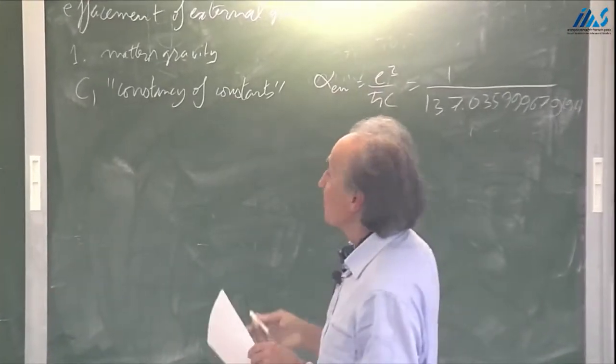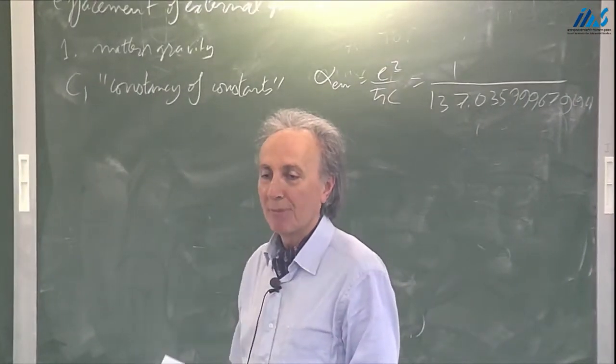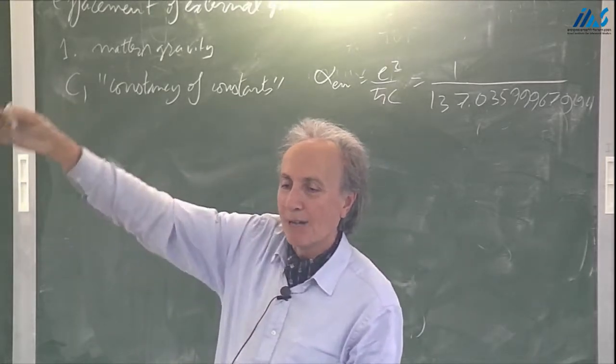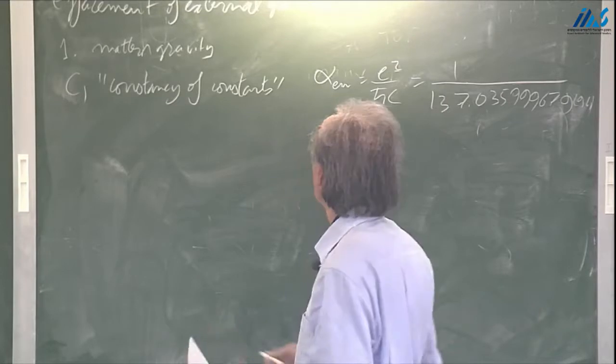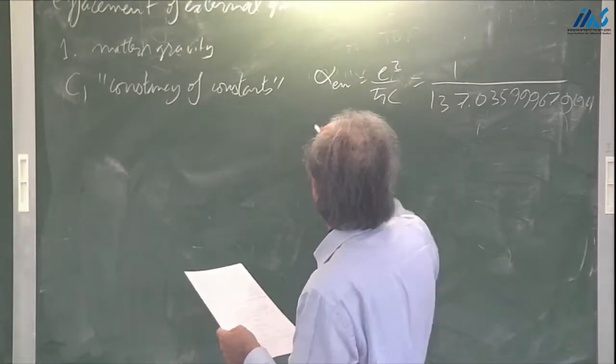This thing should be the same if you do the experiment here on the Earth or in a faraway galaxy. If you did it 10 billion years ago or in the future, you should always get the same value.